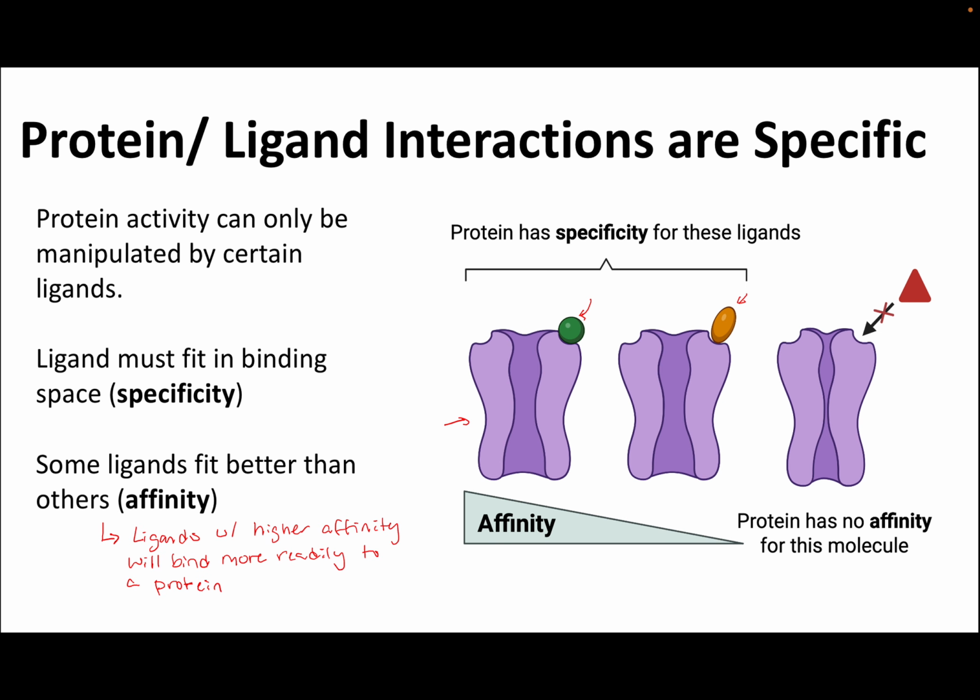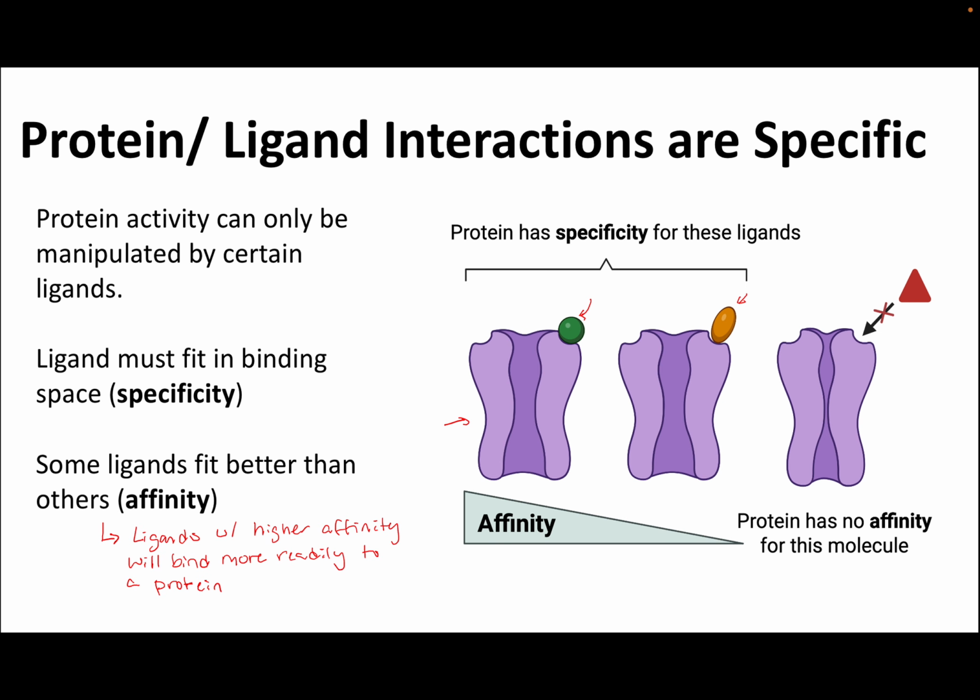A good analogy for this that I've always liked is I think about jeans that I own. I always say that I have two sizes of jeans that I technically fit into, one that's a bigger size and one that's a smaller size. And although they both fit, the bigger size fits a little more comfortably. There's a little more wiggle room, right?